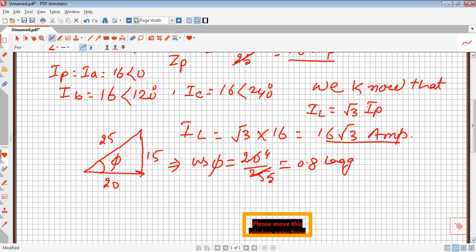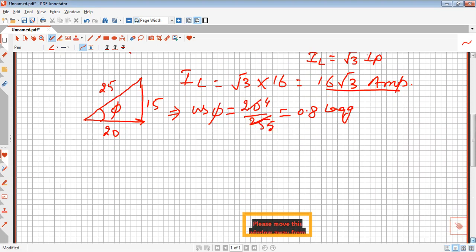Now we have to find out the value of power. The third part is to calculate the power in kilowatt. So power, as I have already written, is root 3 times VL, IL and cos phi. VL is the line voltage, and line and phase voltage for delta are both the same, 400.